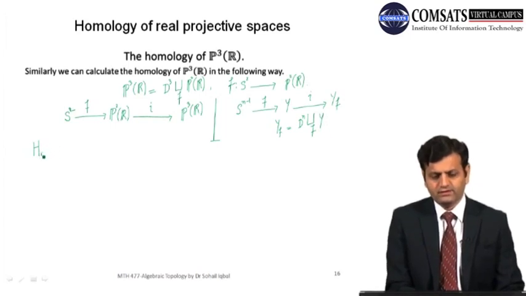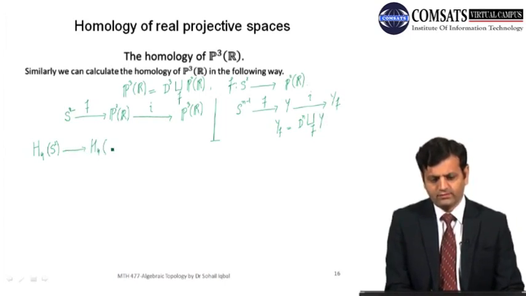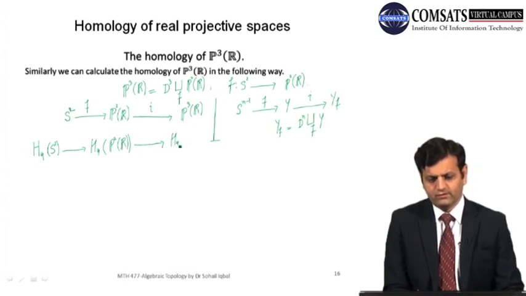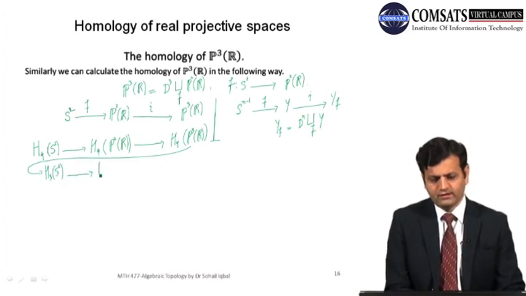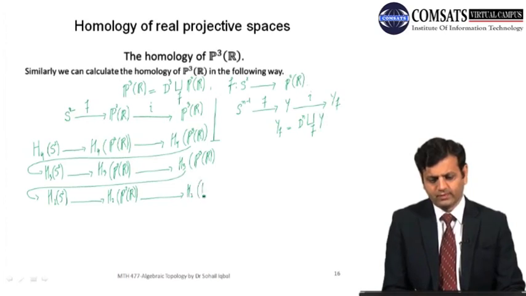We start from H4 of S2, this goes to H4 of P2R, this goes to H4 of P3R, and this goes to H3 of S2, which goes to H3 of P2R, and which goes to H3 of P3R, and this continues to H2 of S2 to H2 of P2R, and which goes to H2 of P3R.